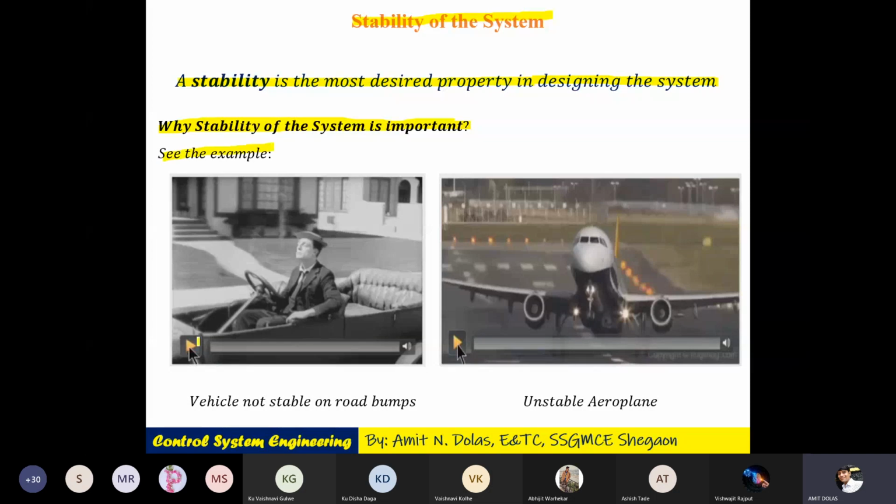Why stability of the system is important? See the example here. First example, I'll play the video.